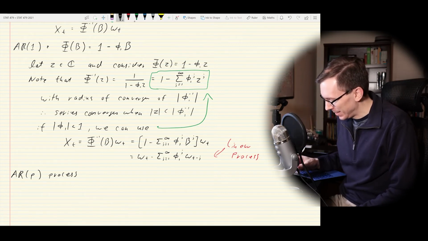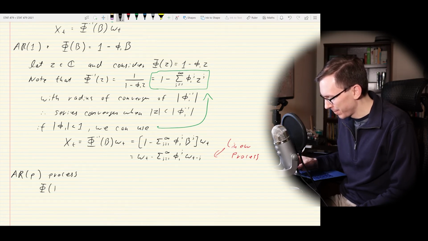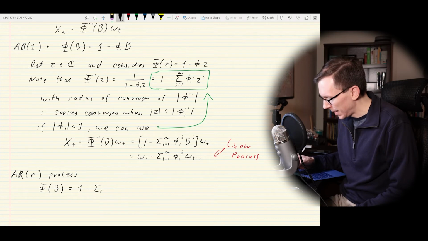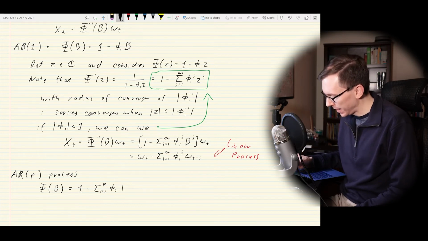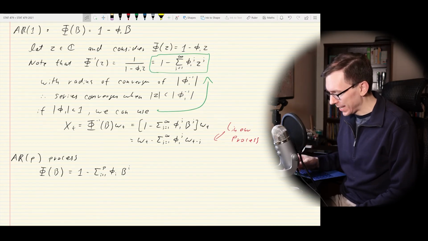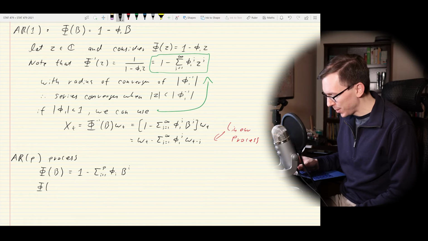So for an AR(p) process, my autoregressive operator here is going to be the sum from i equals 1 to p of phi sub i, because we could have multiple coefficients here, times B to the i. Now, if we were to write this in terms of a phi applied to a complex number z, well, I'm going to get the exact same thing.